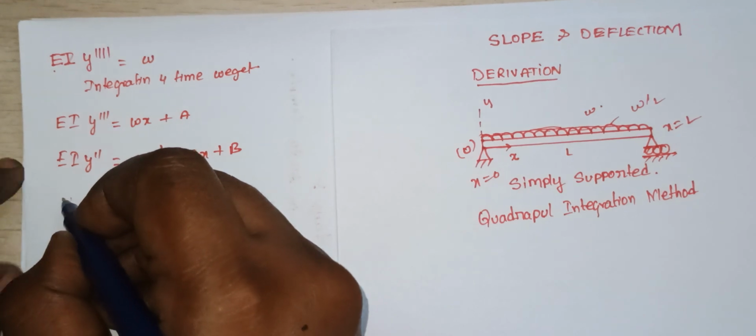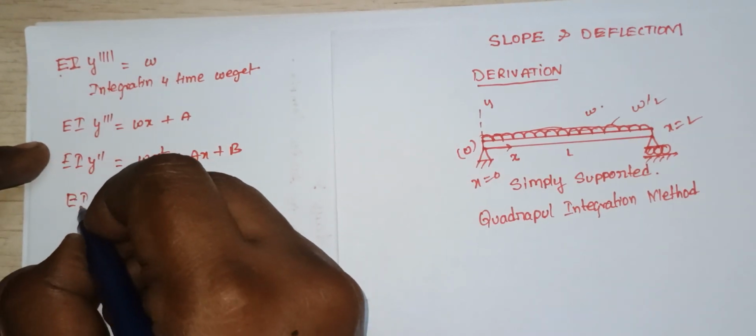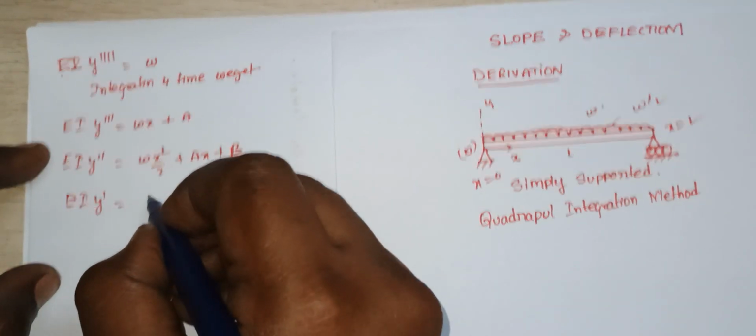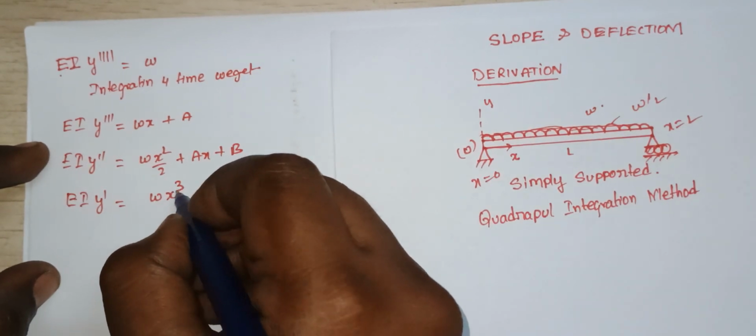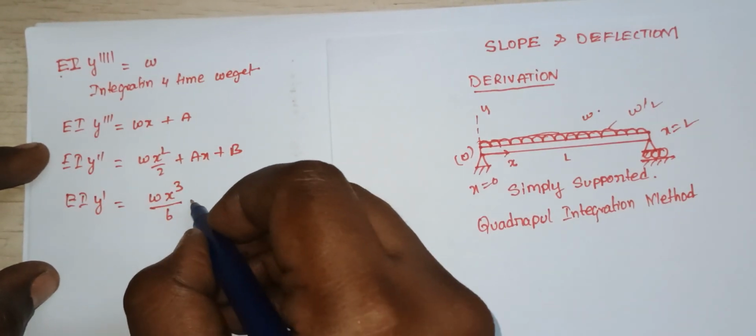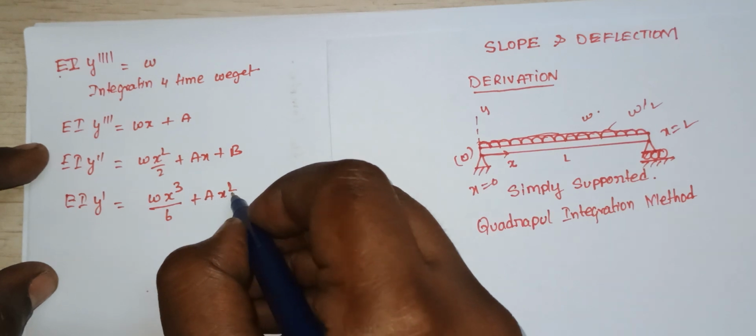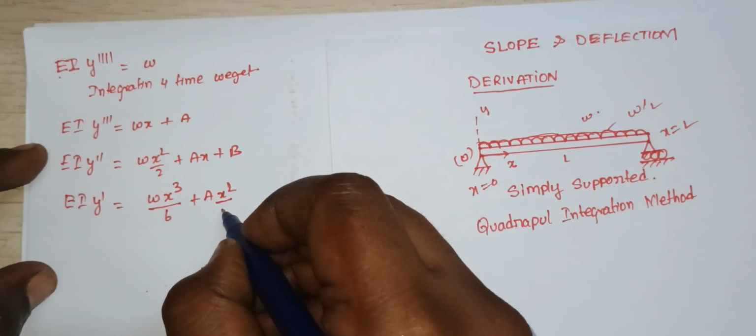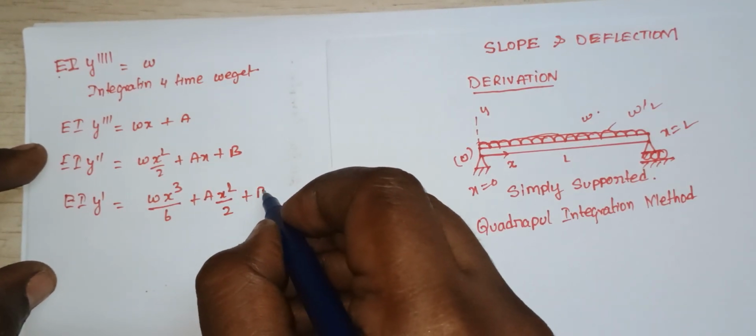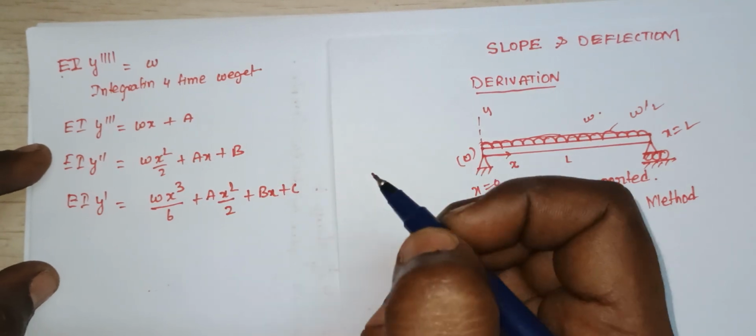Again integrating, we get E I y dash is equal to W x cube by 6 plus a x square by 2 plus b x plus c.